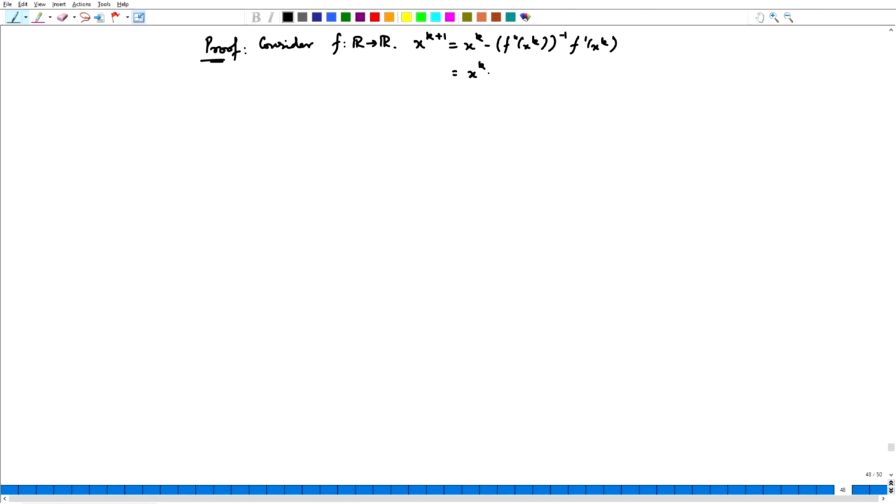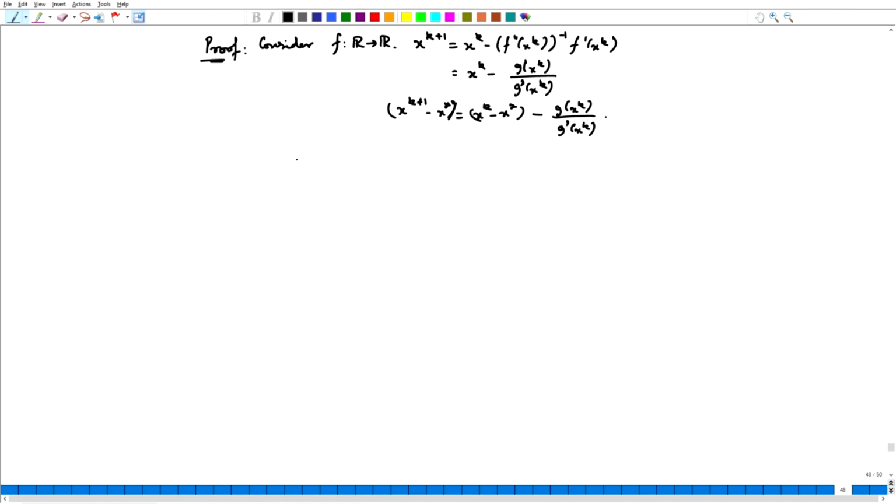So, f dash of xk is g of xk, so xk minus g of xk by g dash of xk, right. So, if I subtract x star on both sides, I have xk plus 1 minus x star equal to xk minus x star minus g of xk by g dash of xk, okay.